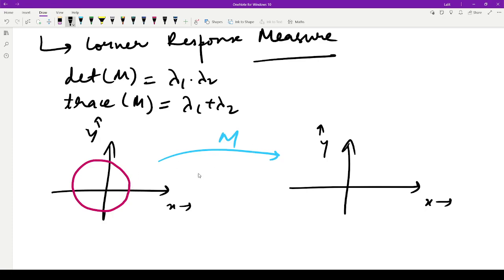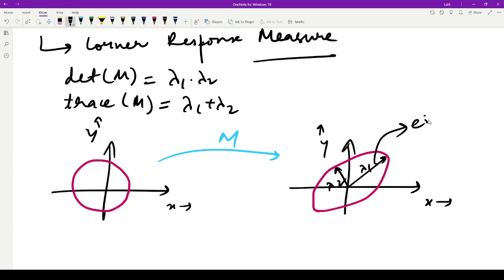The matrix M will say how this circle will be distorted in the new space. This is the transformed part of the circle, which is now an ellipse out there. So the strength now determines lambda 1 and lambda 2 and how much distortion happens.